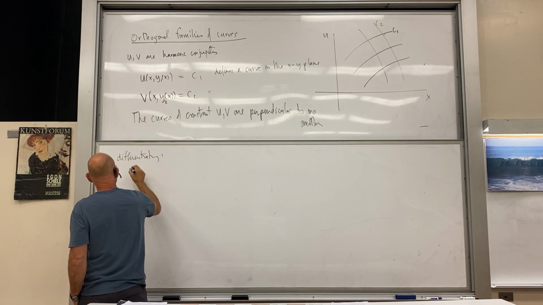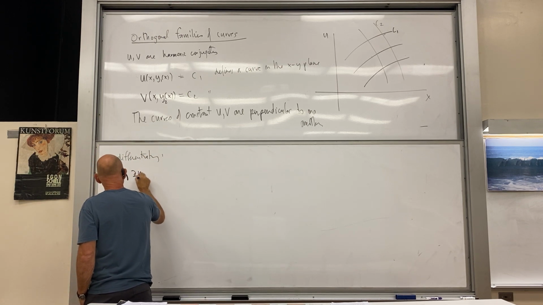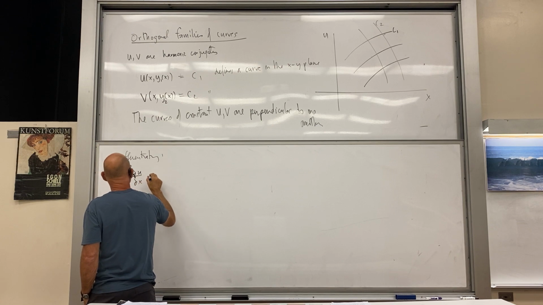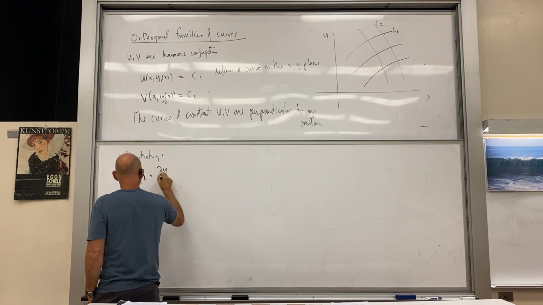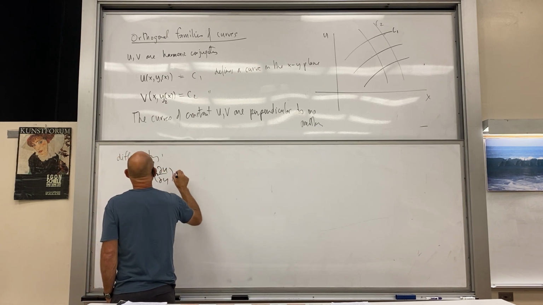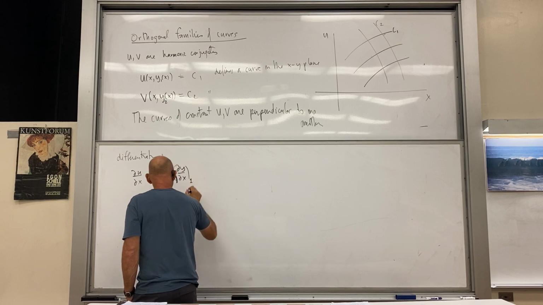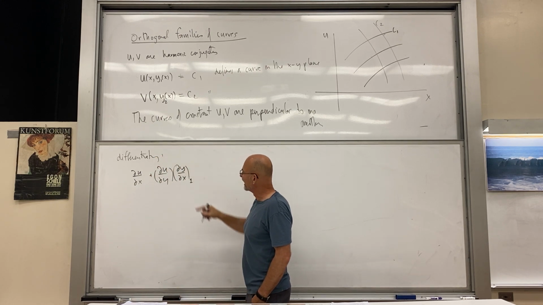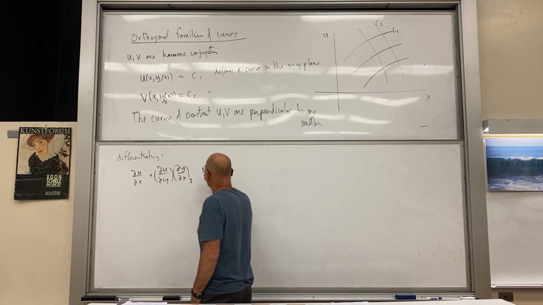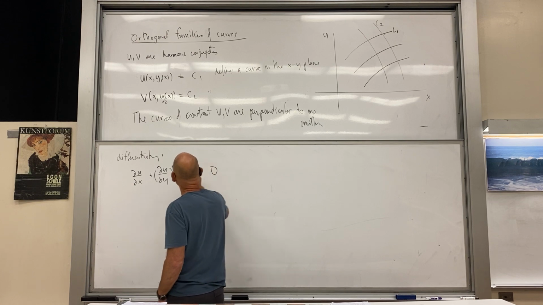U and v. So the first one: partial u partial x plus partial u partial y times dy dx, and I'll subscript 1 there just to tag it, equals 0.